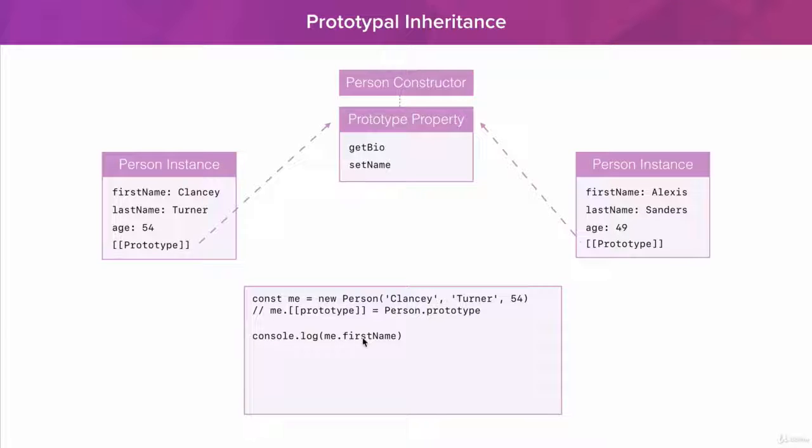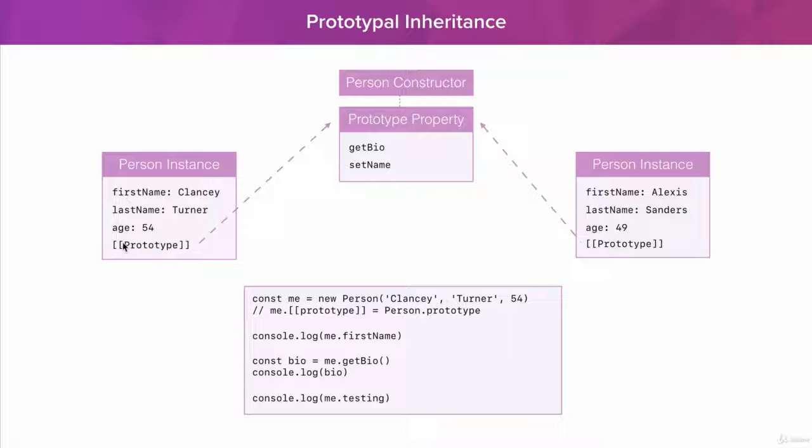Now let's look at another example. Down below, we call me.getBio. When we use me.getBio, it's still looking at the person instance. This is where it starts. It looks for a property called getBio on the person instance. It does not find one. If it found one, it would have used it, but it didn't. So what does it do? It looks to see if there is a prototype set up.